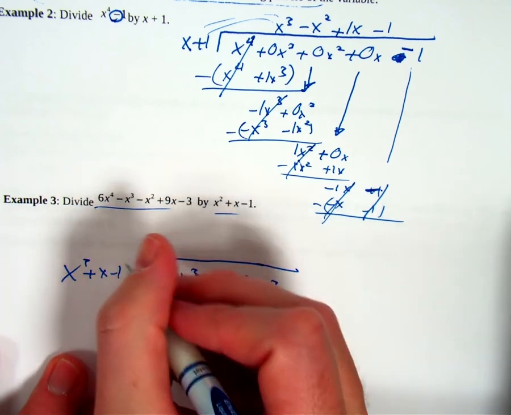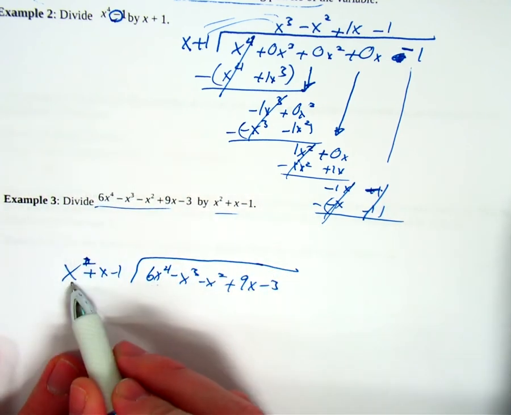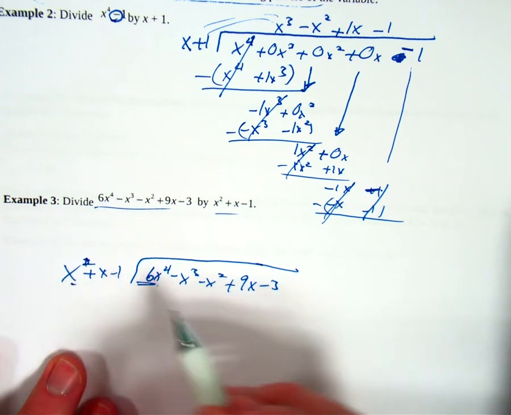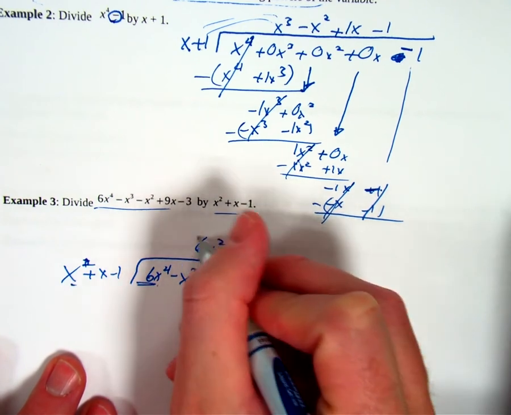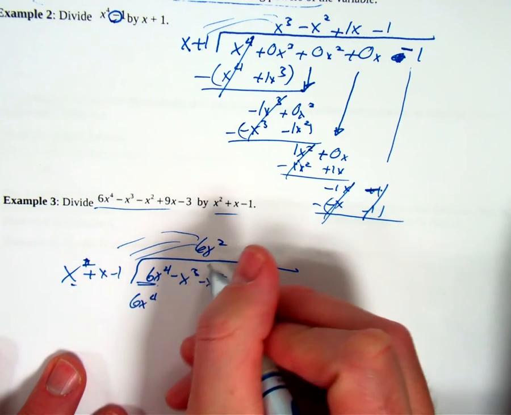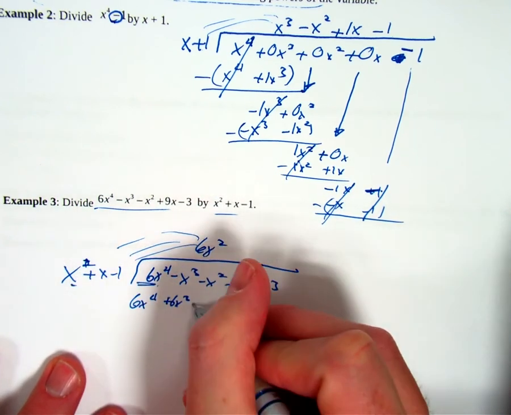All right, 6x to the 4th divided by x squared. So 6x to the 4th divided by x squared is going to be 6x squared. Multiply it back to all three parts now. Oh my goodness. Plus 6x to the 3rd minus 6x squared.